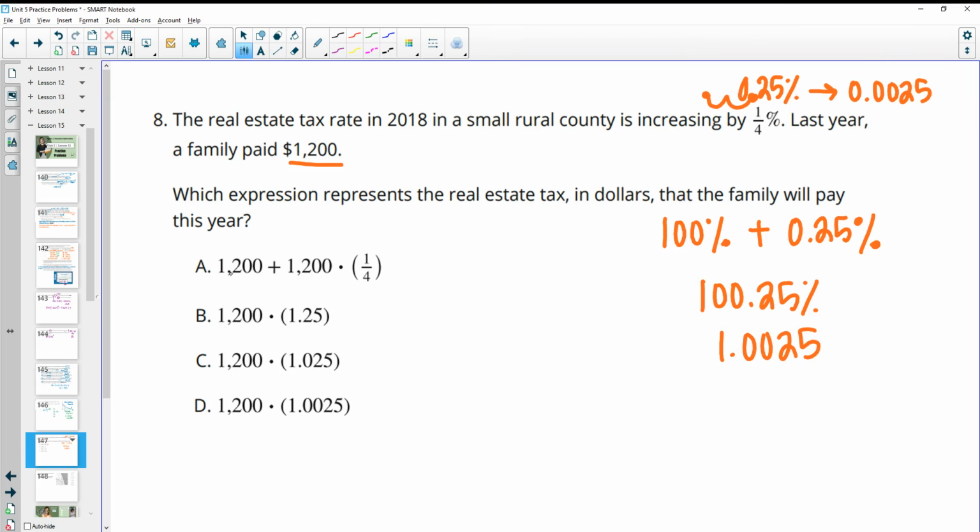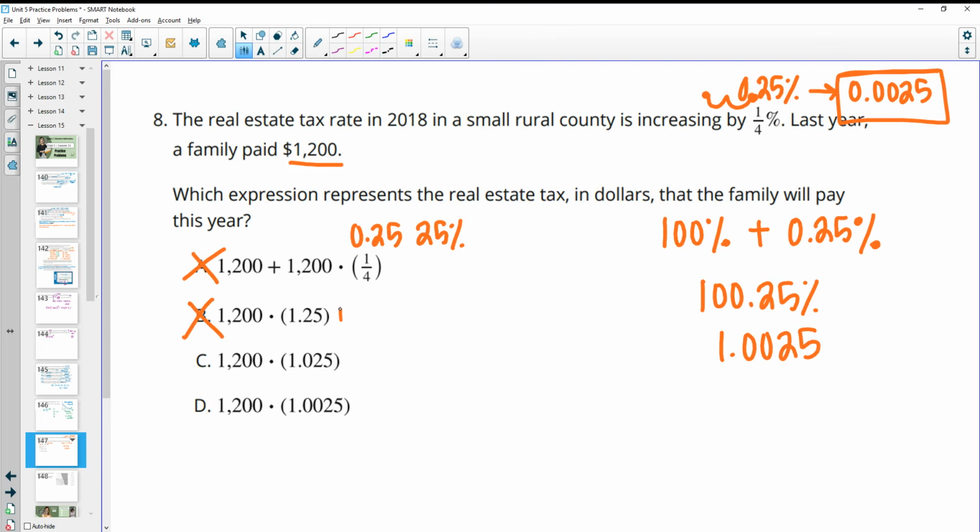So this one is saying that they're doing 1,200 plus 1,200 times a quarter. Well, this is not the right decimal for a quarter percent. This is really increasing by 25%, and that's not what we're saying. So A, not good. B, not good.